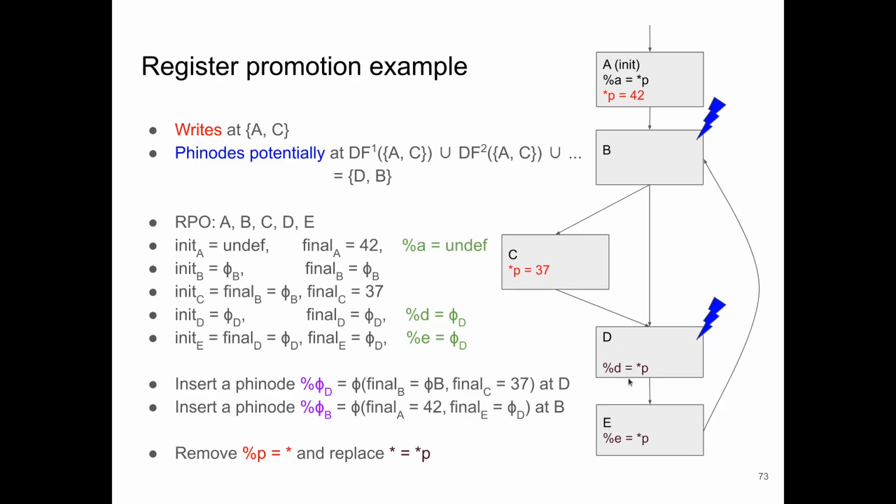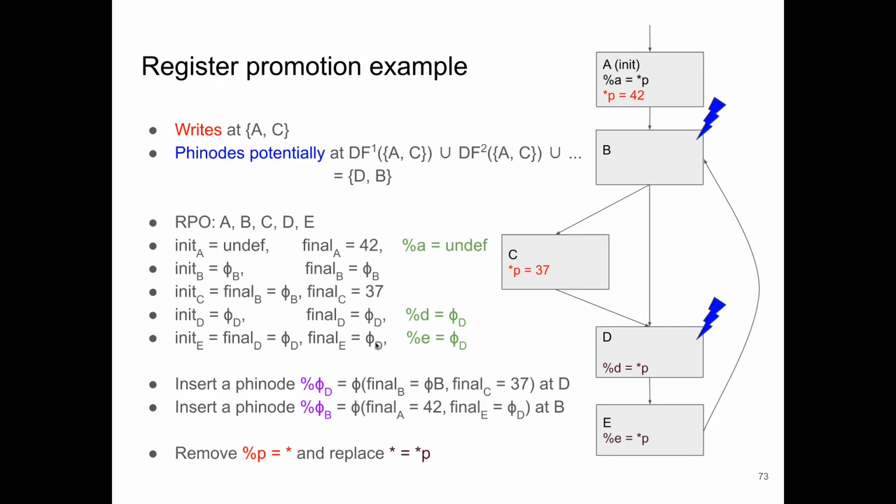In more general, if no phis should be inserted here, then the initial value of E should be the final value of the immediate dominator, which is D in this case. We again scan the block and deduce that %E should be the final of D, and the final value at E should be the final of D.